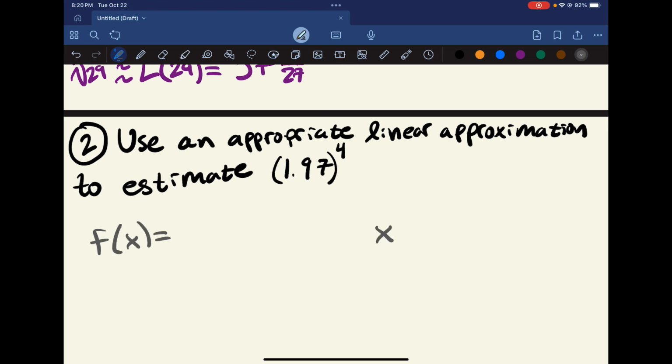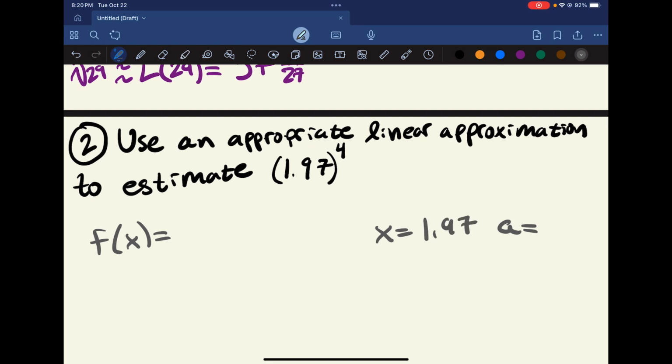We need our f of x, we need our x, and we need our a. And remember, x and a are always just going to straight up be a number. The x is always going to be a weird decimally number. So the only weird decimally number in here is 1.97.